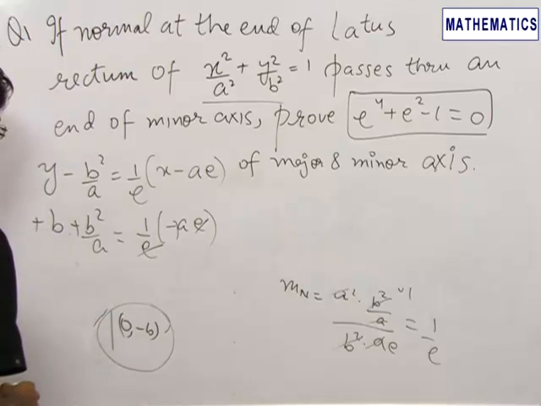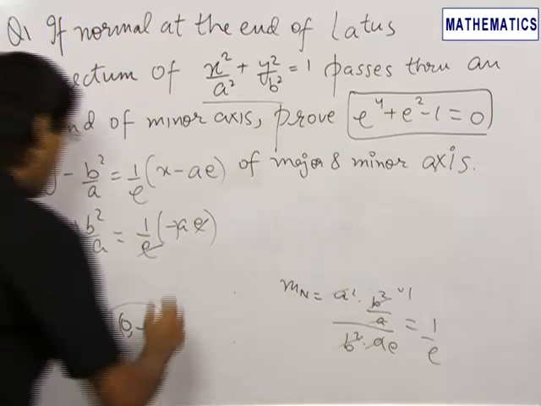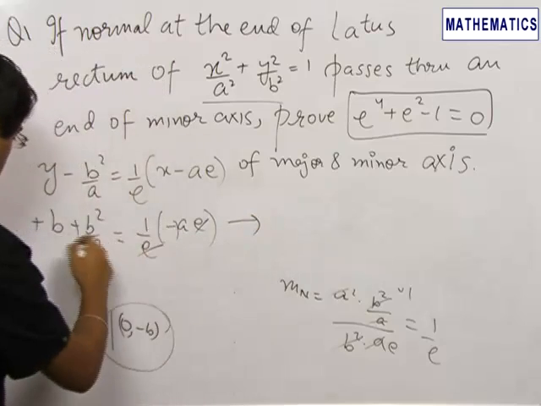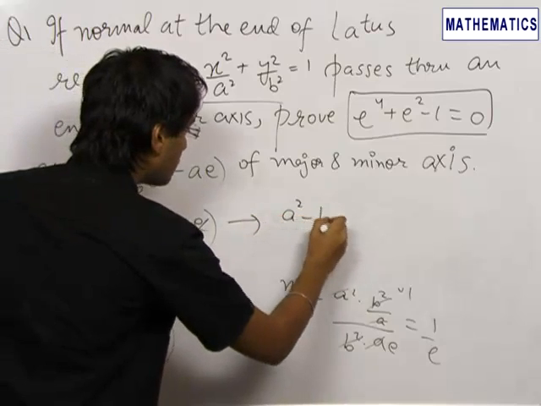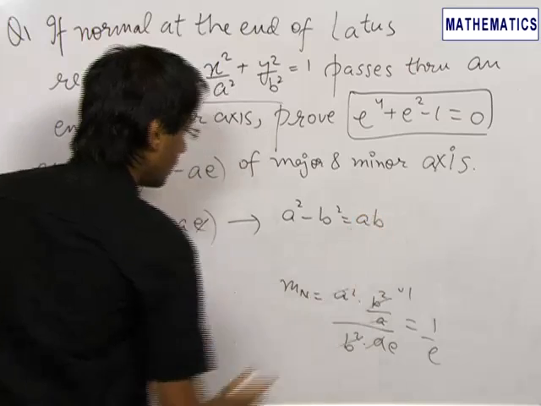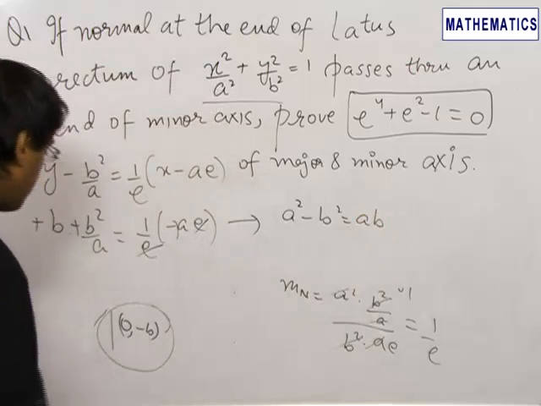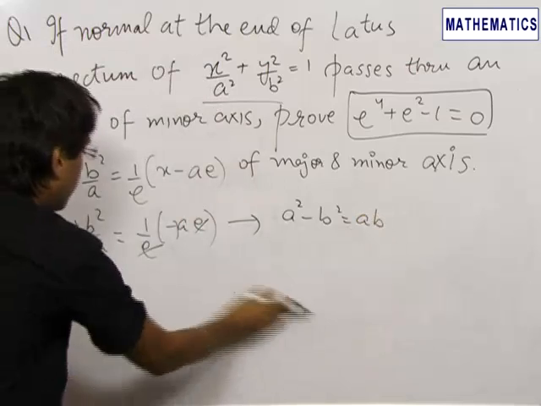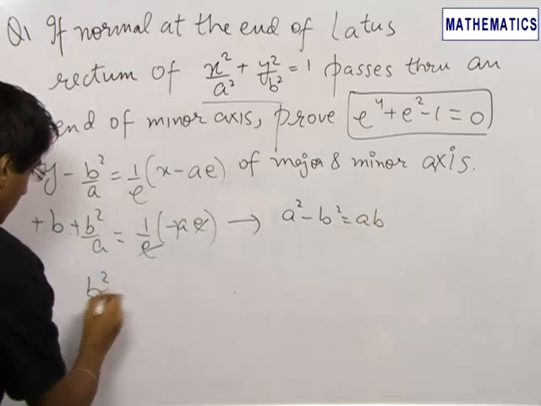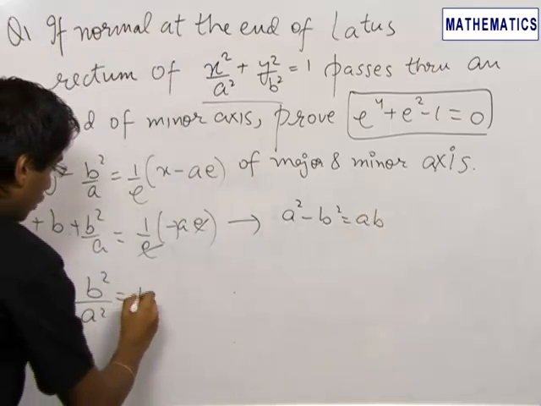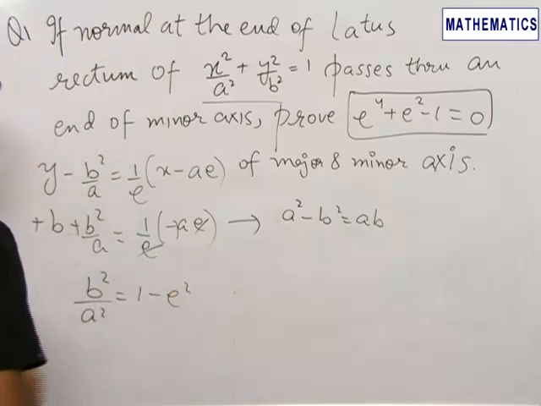So on solving this, we get a square minus b square is equal to ab. And for an ellipse, we know that b square by a square is equal to 1 minus e square, where e is the eccentricity of the ellipse.